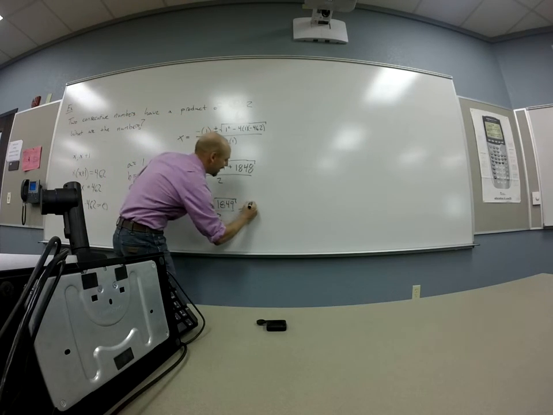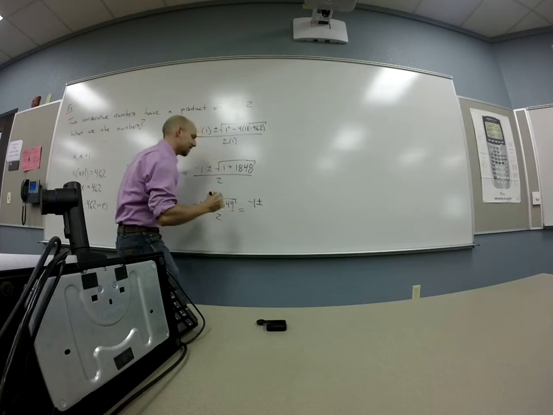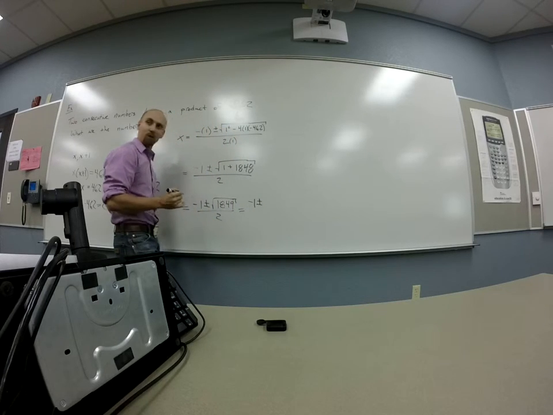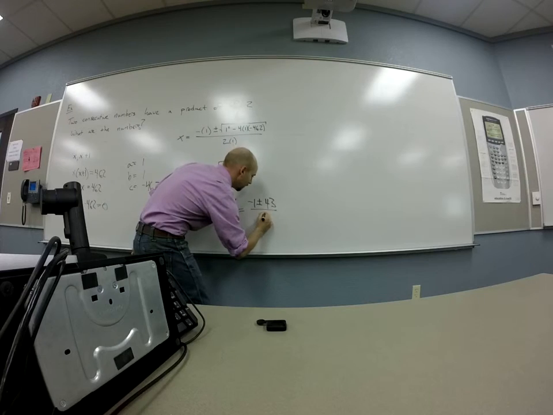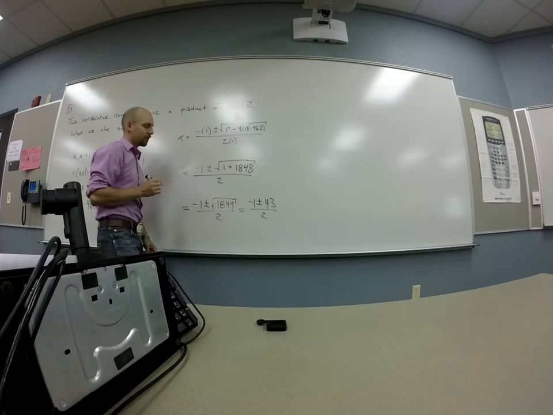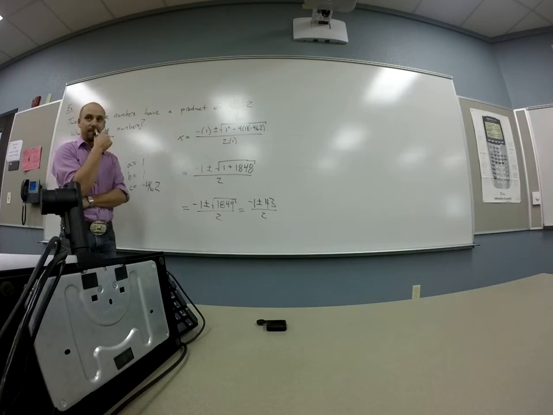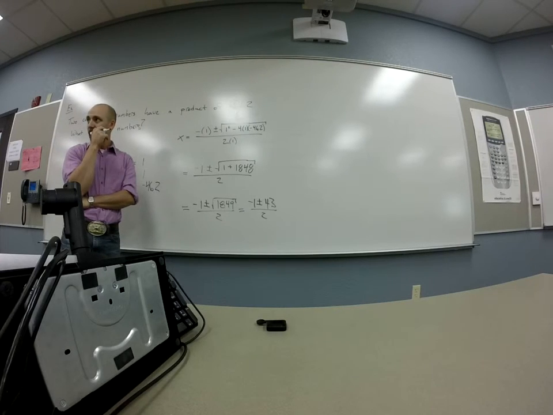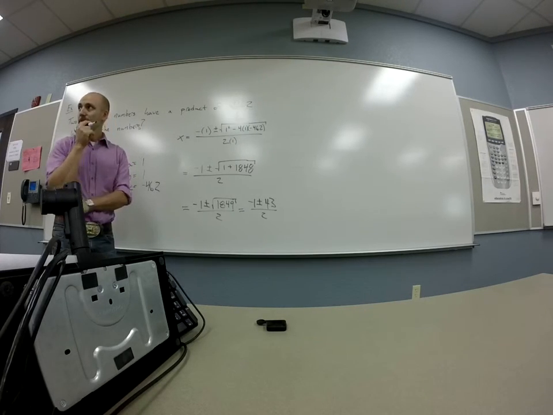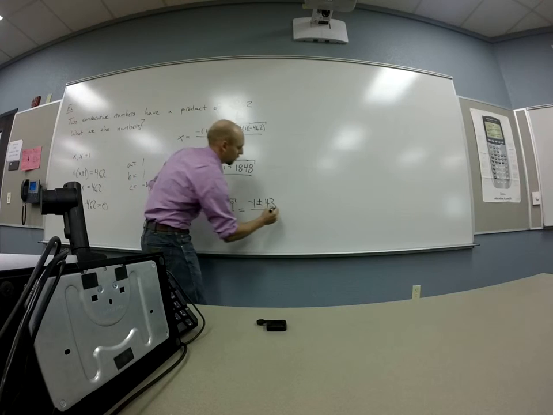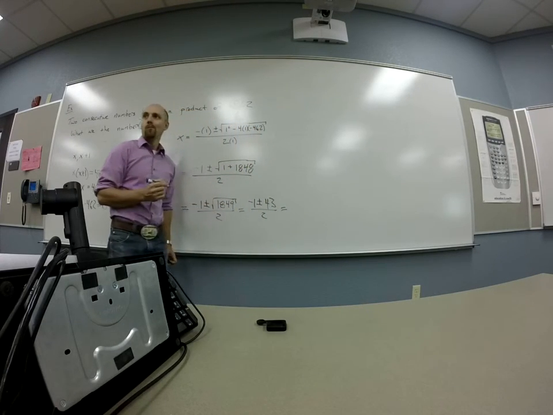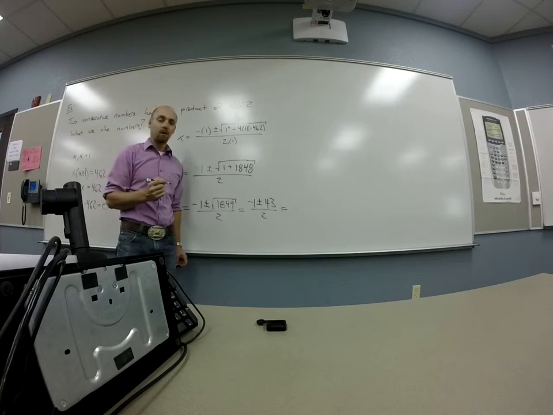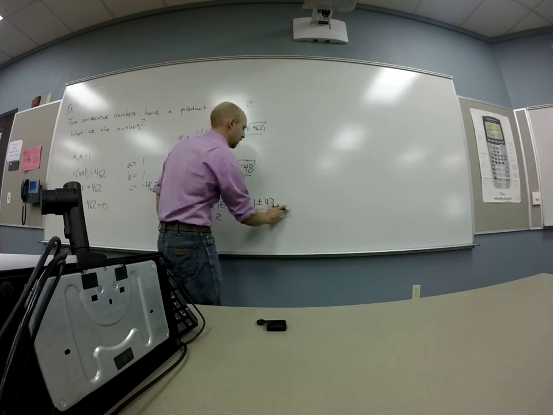Okay, so I get negative 1 plus or minus 43 over 2. So what are my answers? Don't you exclude the negatives? Okay, so let me see. I've got negative 44 over 2, and then 42 over 2.